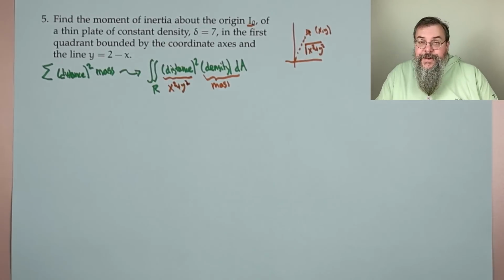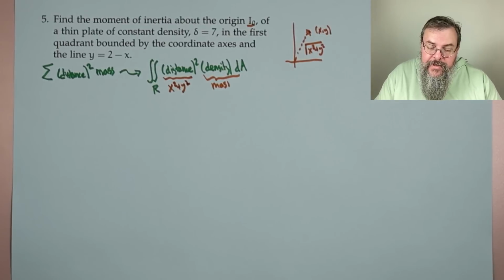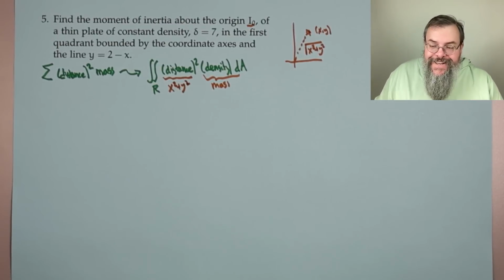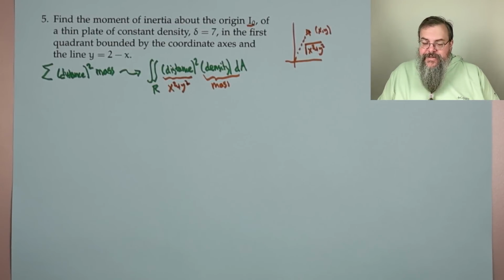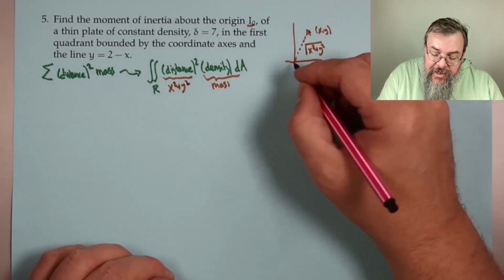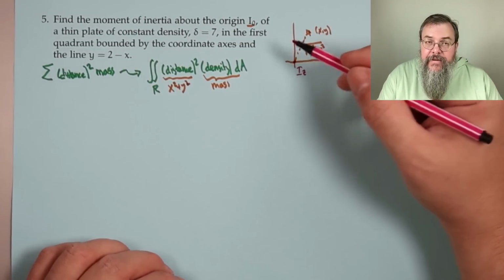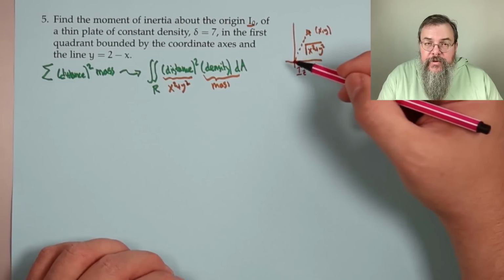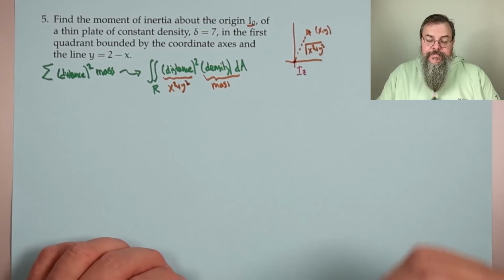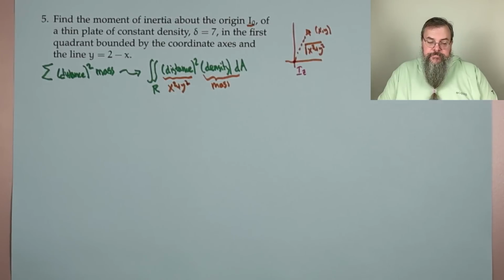Now, on a side note, some people, like me, I like to call this not I0, I like to think of this as Iz, because I like to think of it as there's this unseen z-axis coming out.